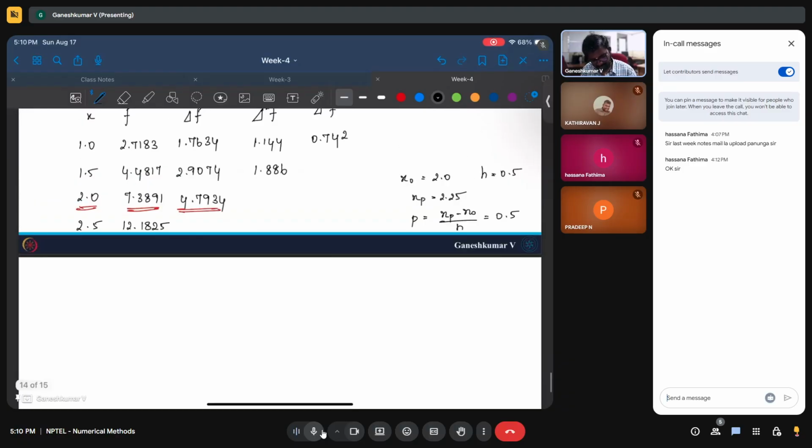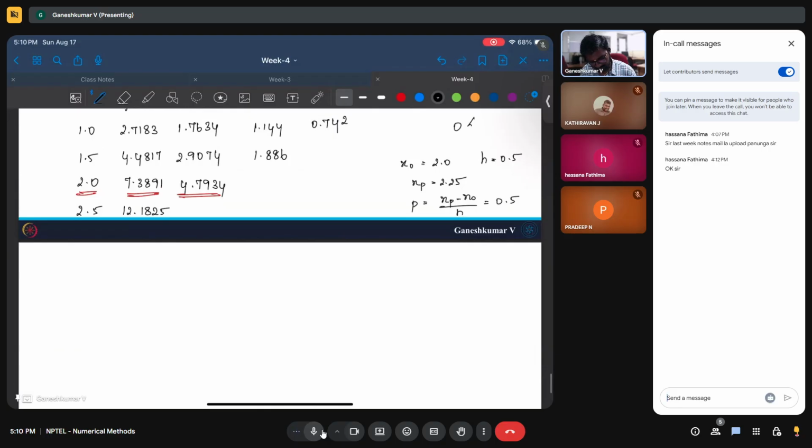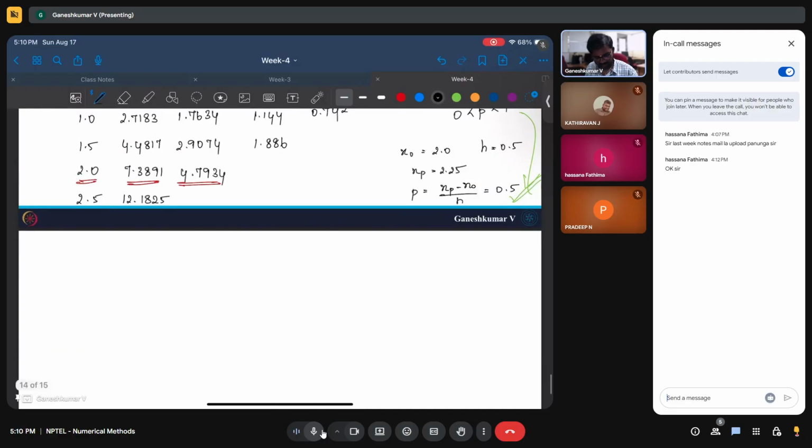So this p is satisfied. So it is 0 less than p less than 1. Okay, this is satisfied. So which means you have to choose x naught to be 2.